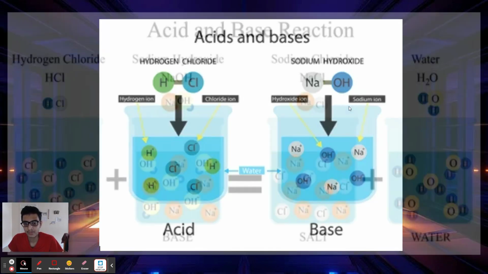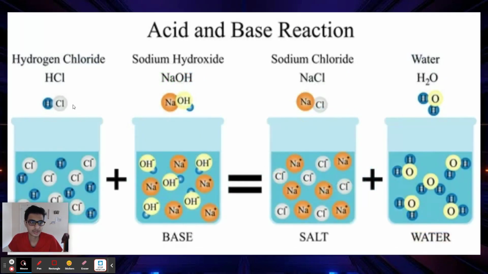So when these come in contact with each other, let's add hydrogen chloride and sodium hydroxide in water. What these will do is form another reaction, a double displacement. Hydrogen will come in contact with hydroxide ions and chlorine with sodium ions. So these will split and form NaCl, which is also known as salt, and water.